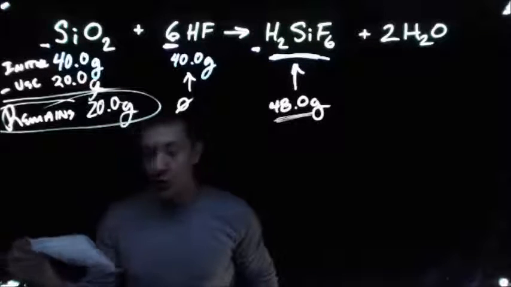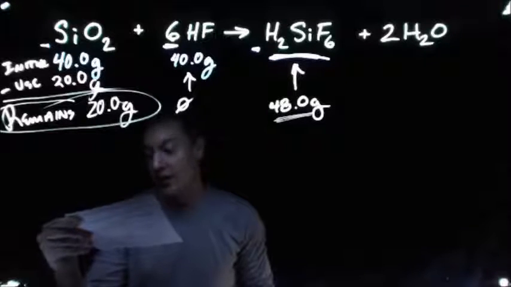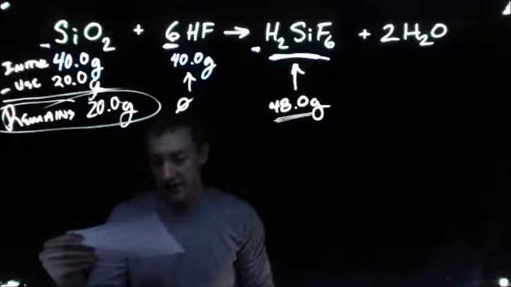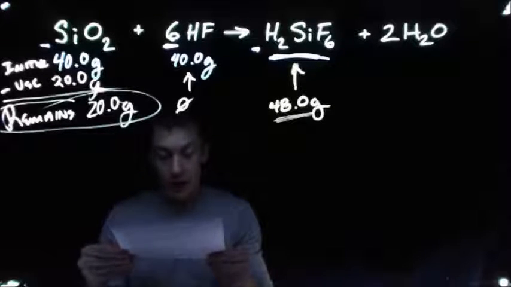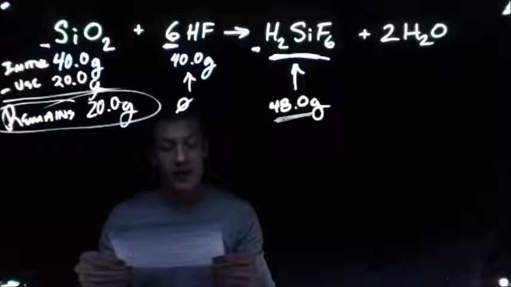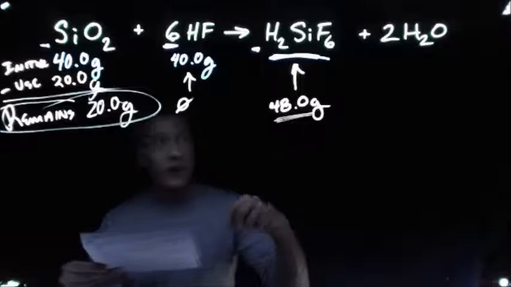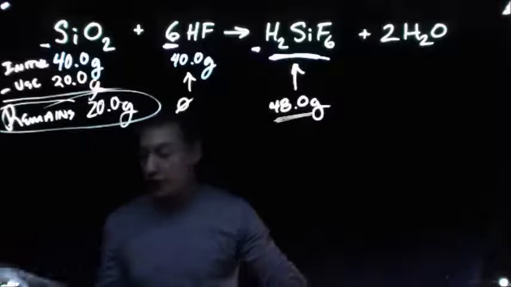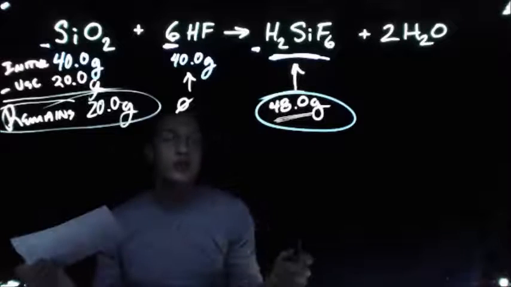Now, 21 part C says, what is the theoretical yield of H2SiF6? And so back in the question, it told us that actually produced was 45.8 grams of H2SiF6. And we found that the theoretical yield earlier, back in part A, was 48.0 grams.